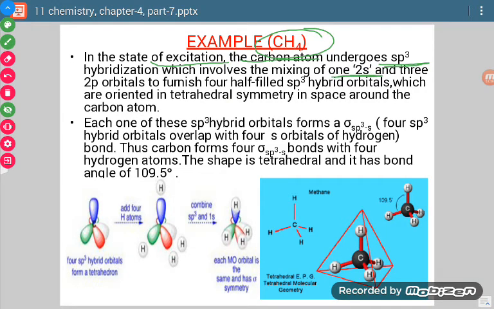One 2s orbital and three 2p orbitals combine, they get mixed to form 4 sp3 hybridized orbitals. Those 4 sp3 hybridized orbitals will be arranged in tetrahedral geometry. Okay, now see in this diagram, these are the 4 sp3 hybridized orbitals which are forming a tetrahedral structure.